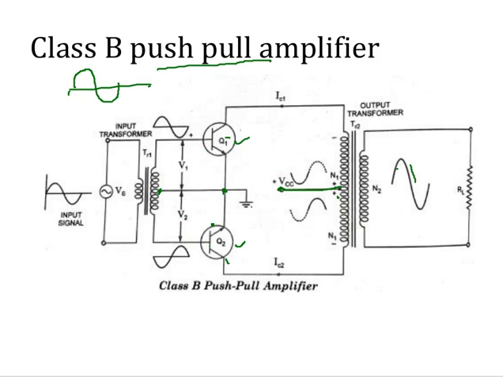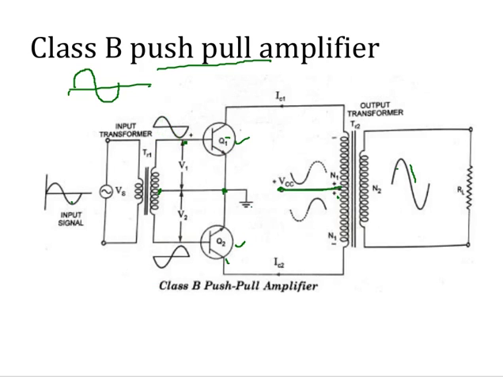Now let us see how the circuit operates. When the input signal is applied here, the center tap secondary of the input transformer develops two signals which are identical but in phase opposition. You can see this is one signal, this is another signal. So these are in phase opposition, and each transistor is going to conduct during its positive cycle only.